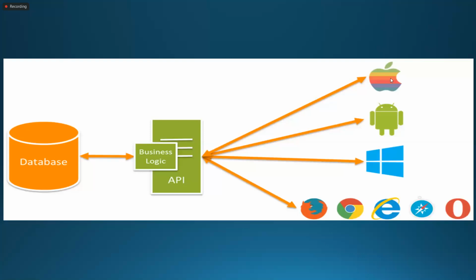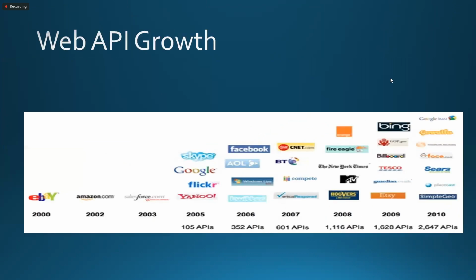So we have the database and the business logic, which can make the data available everywhere. Any device, any operating system can understand. These are the APIs. API growth: in 2000, the first API was eBay.